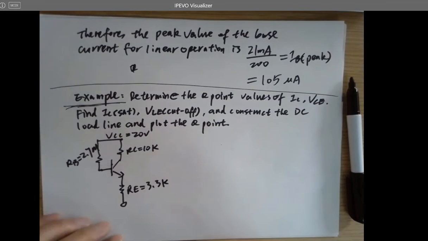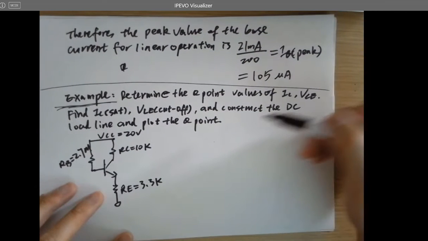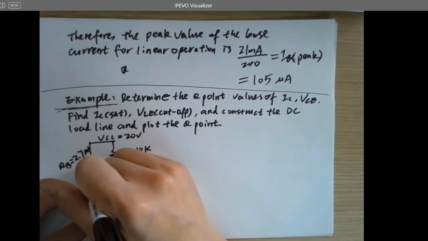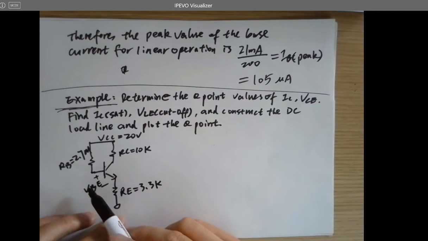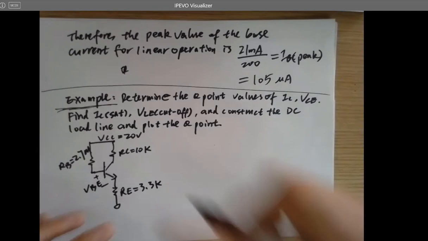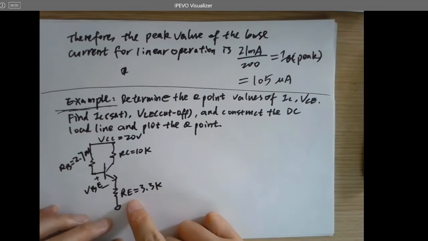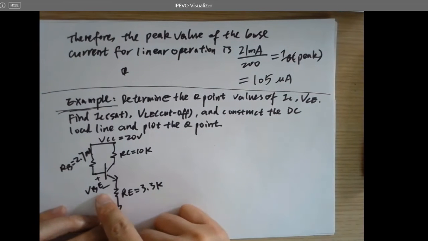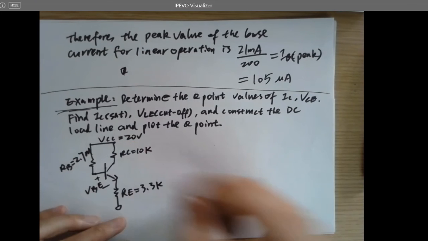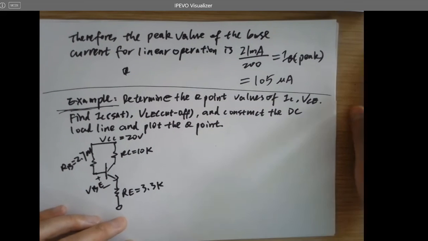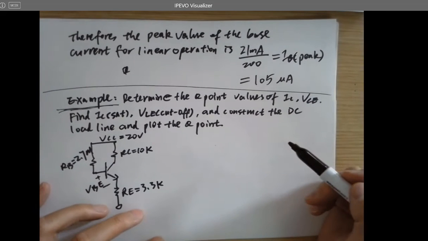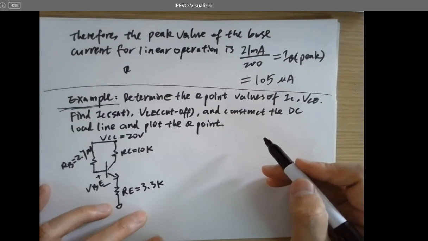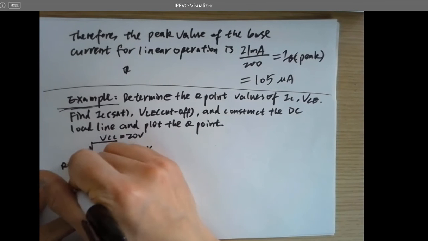Can we assume VBE to be 0.7 volts? Yeah, since I didn't mention IS at all, VBE is always 0.7 volts for examples like this. But can you calculate IC and VCE just using VBE and VCC? Let's list the equations and see how that works. There's the IB here.